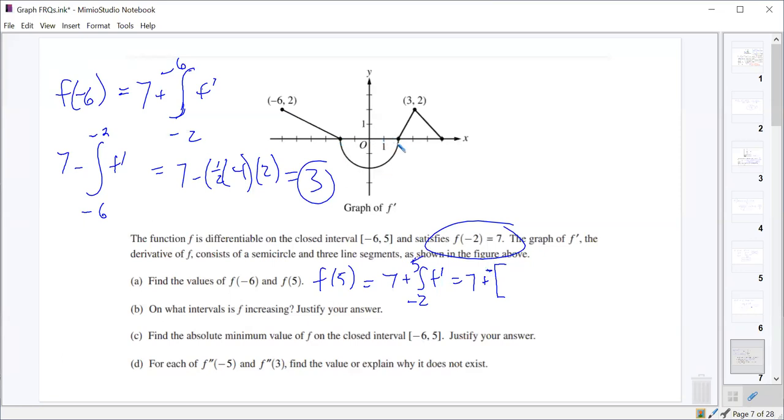Right? Semicircle is 1/2 pi times the radius squared. Radius is 2, so that's 1/2 of pi times 4. And then we've got a piece above, so plus base is 3, height is 2, so 1/2 3 times 2. So we end up with 7 plus 3, so we got 11.